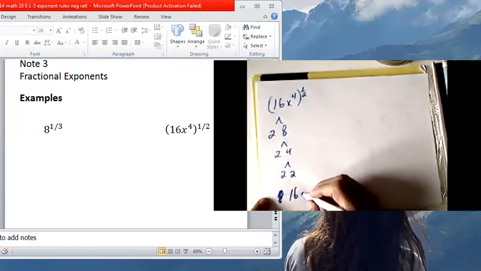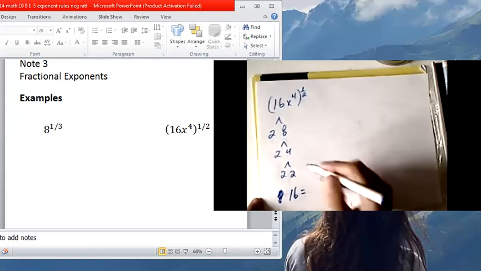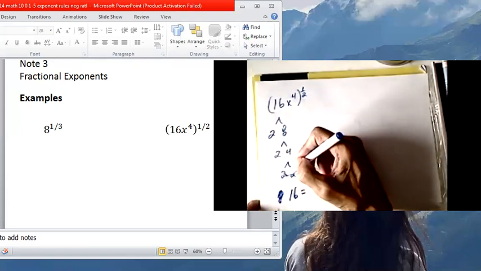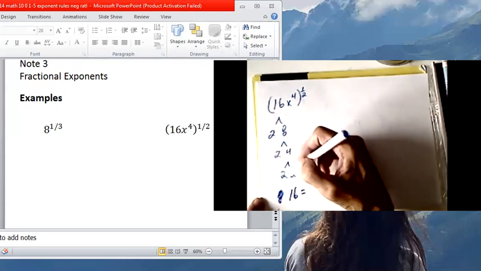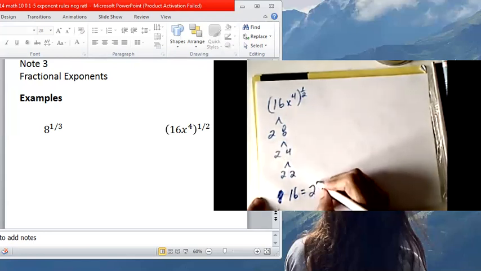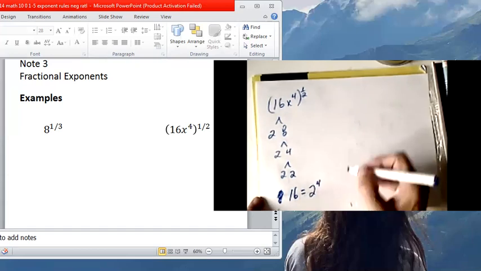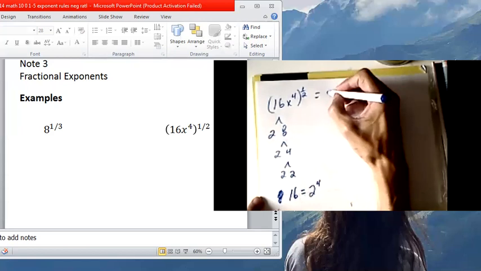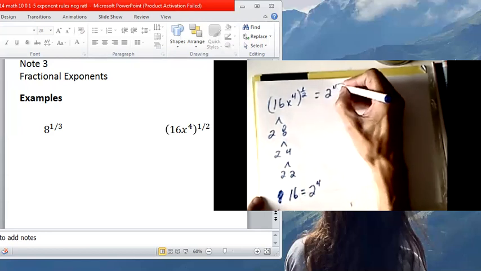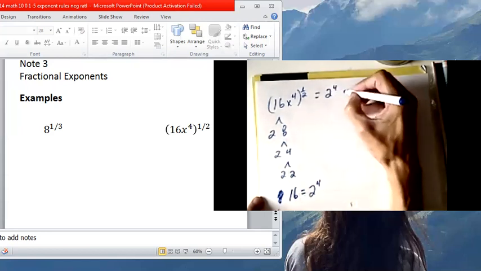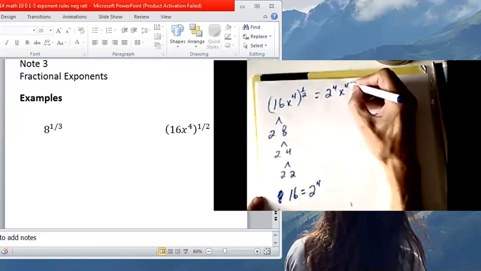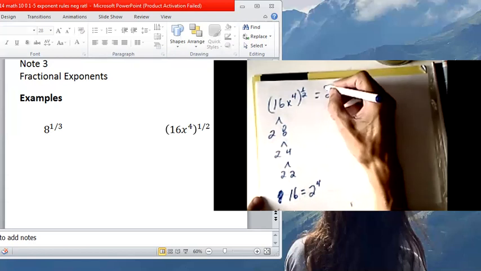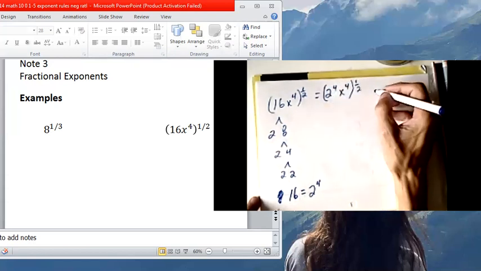We've got 16 now. 16 is the same as this 2 times that 2 times that 2 times that 2. So 16 is the same as 2 to the 4. So we can improve this now. 16 is replaced with 2 to the 4. That stays, we haven't worked with it yet. And that stays, we haven't worked with that yet either.